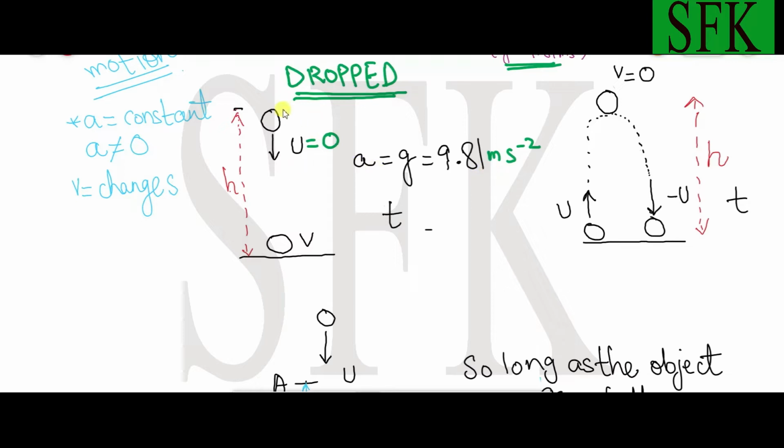We can use a stopwatch to measure the time for the ball to reach the Earth's surface, and this height can also be measured. All these values that we've just measured: acceleration of free fall is known, time is measured, height is also measured, initial velocity is known, and the final velocity can be calculated from the equations of motion that we discussed in the previous videos.